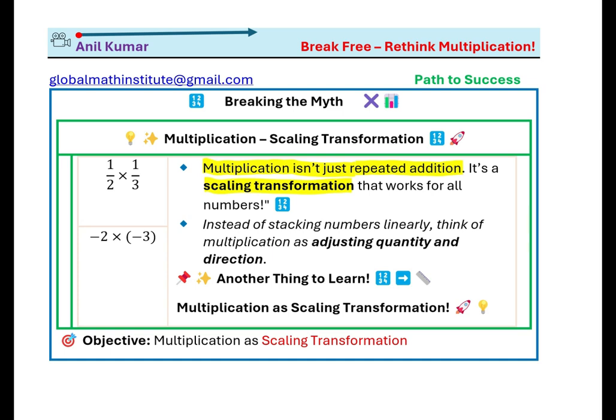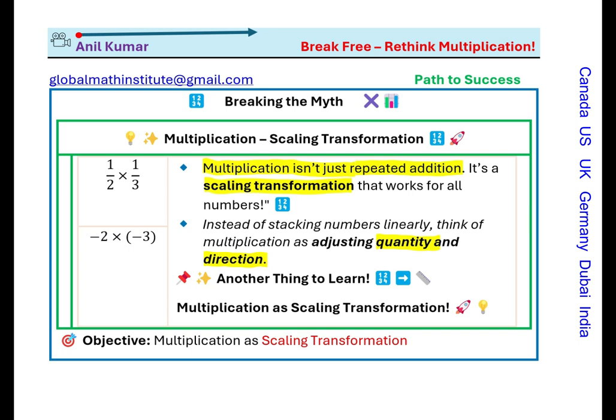So the direction changes. So for any quantity, we have two things. One is the quantity itself, and second is the direction. So when you multiply by a negative quantity, the direction reverses. And that is how the sign changes.